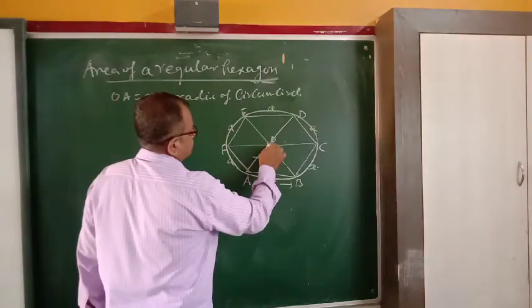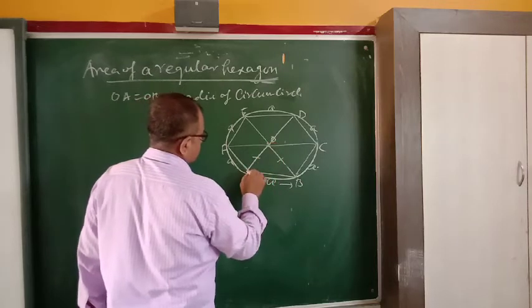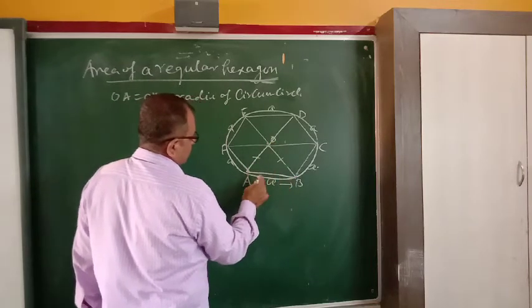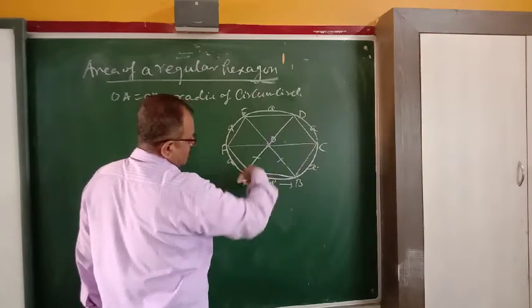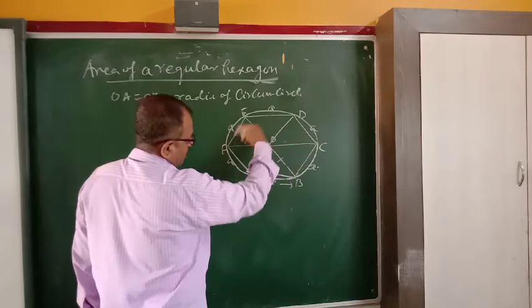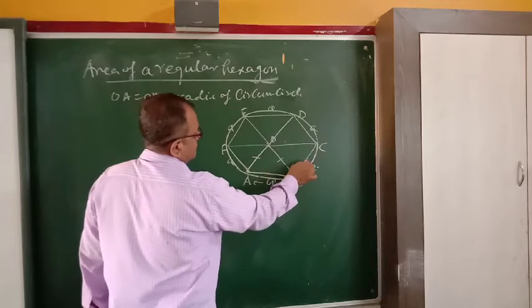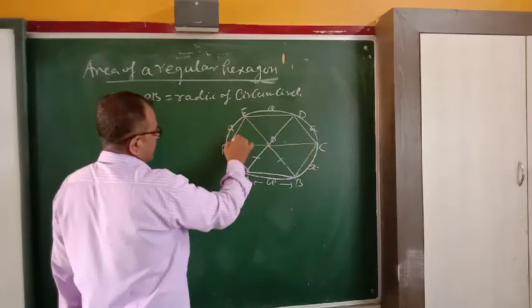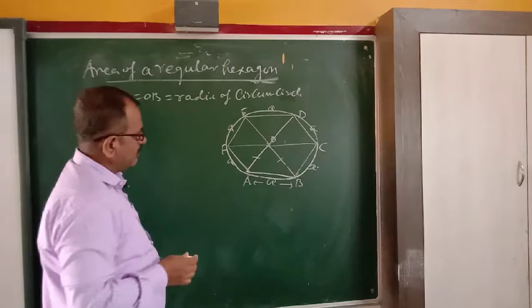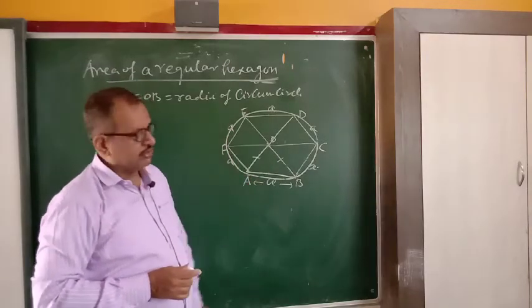We know that equal chords... AB is a chord of the circle. BC is also a chord of the circle. AB, BC, CD, DE, EF and AF are all equal because it is a regular hexagon.